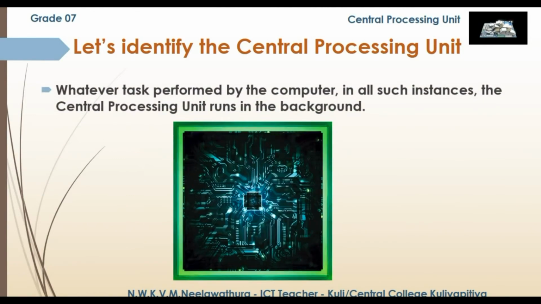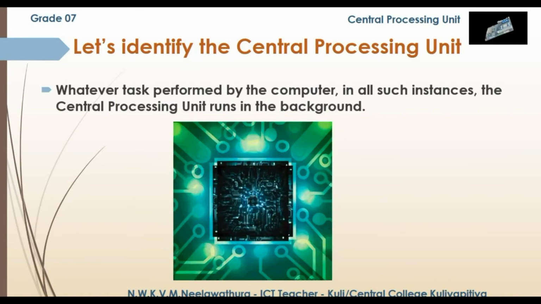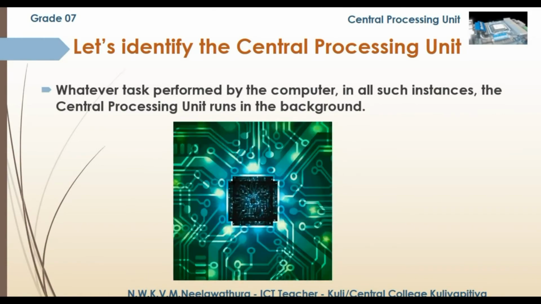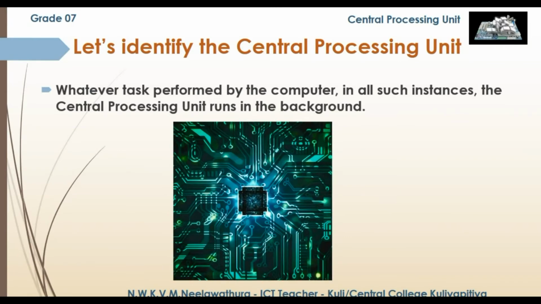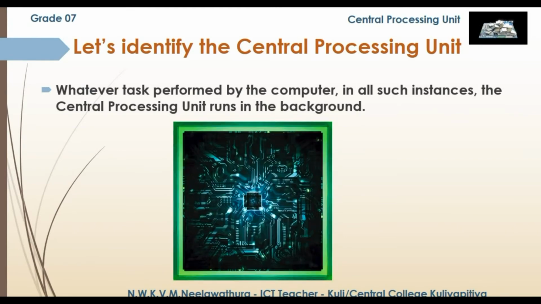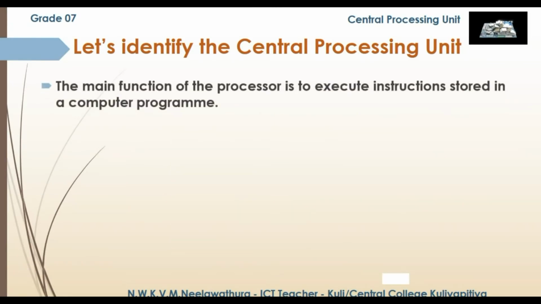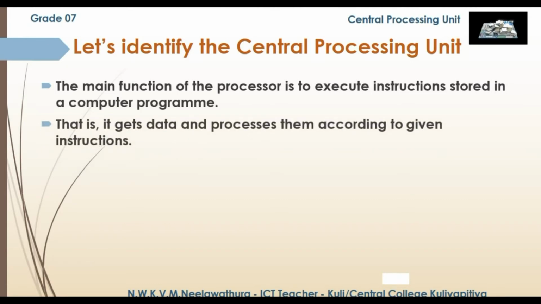Whatever task is performed by the computer, in all such instances, the Central Processing Unit runs in the background. The main function of the processor is to execute instructions stored in a computer program. That is, it gets data and processes them according to given instructions.